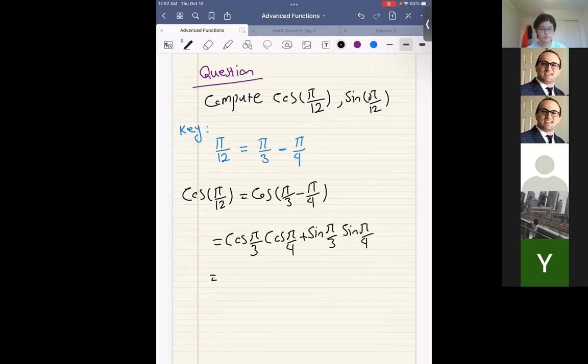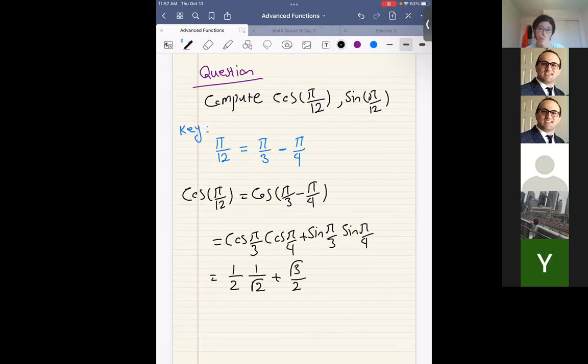What is cosine of pi over 3? Anyone remembers cosine of pi over 3? You should know these things by heart. 1 over 2. Cosine of pi over 4, 1 over root 2. Plus sine of pi over 3, root 3 over 2.